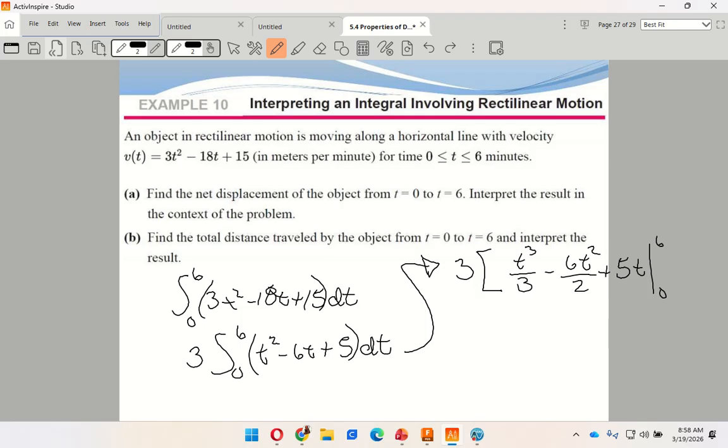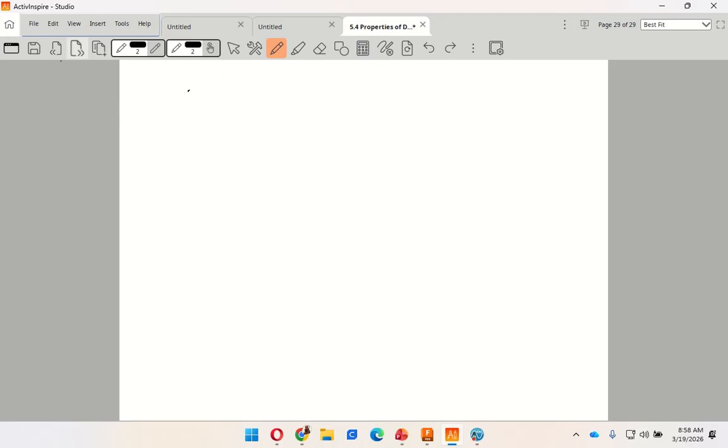So 3t squared minus 6t plus 5? No, it was 18, right? Sorry. When you have to find out where the graph changes, find any change in direction. Yes, so here's my function.